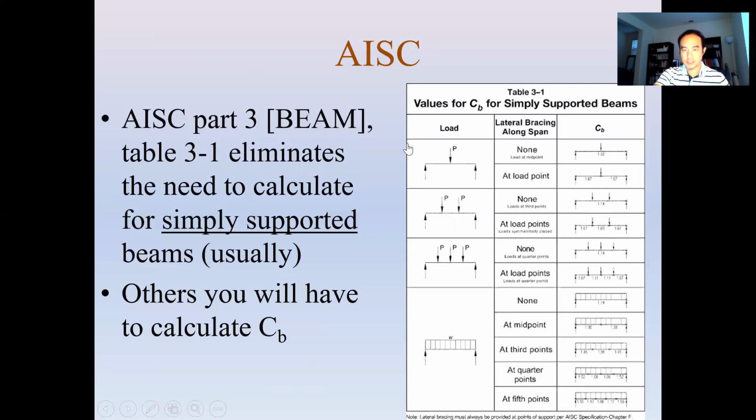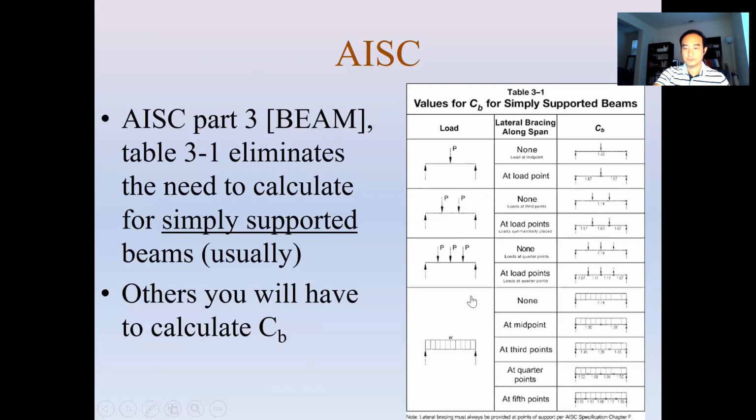This is the loading condition. The second column says the lateral bracing along the span. If there is no bracing, the unbraced length of this beam is the entire physical length of the beam. In that case, the corresponding C sub B value is 1.32. What if we have one lateral brace right in the middle, which is the location where we apply the load? Then the corresponding C sub B value is 1.67. So that's how we can read this table.